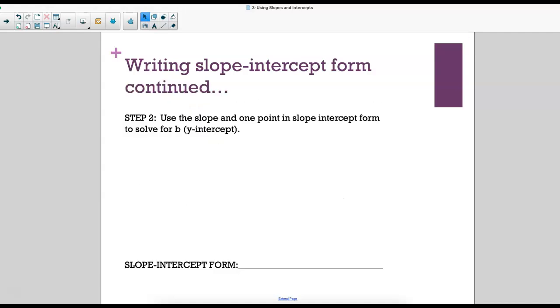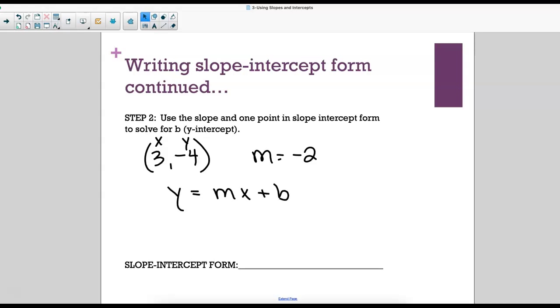I'm going to use that point. 3, -4, and I know the slope is -2. Okay, I could pick either point. This is a good point. This is x, this is y. So if I look at this equation, y equals mx plus b, do I know y?